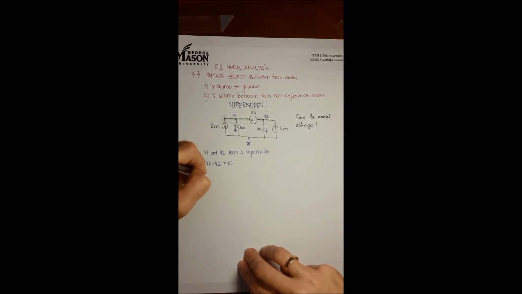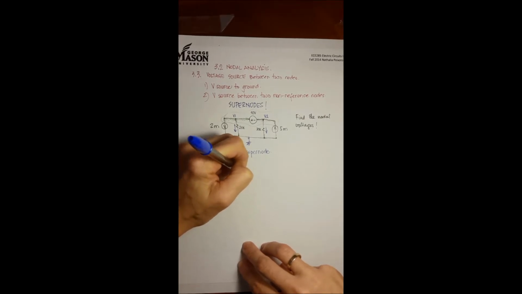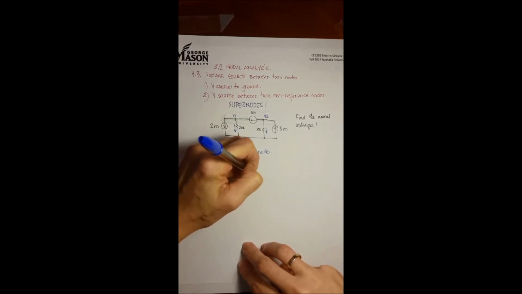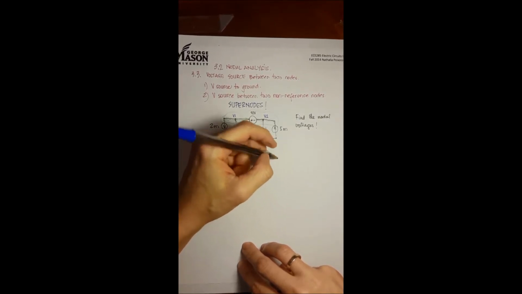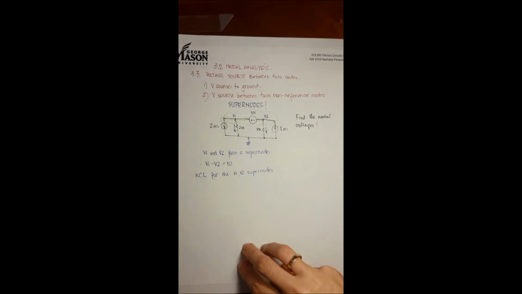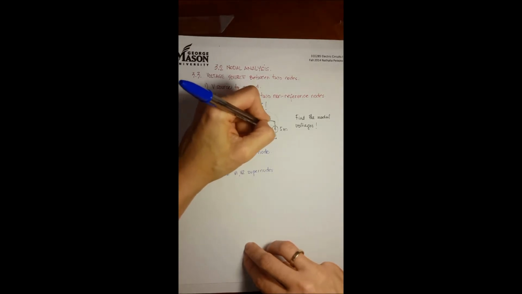And now I can still do the KCL for the V1, V2 supernode. So I'm going to look at currents that come in and out of those supernodes. So look, this is my I-20, this is my I-30.